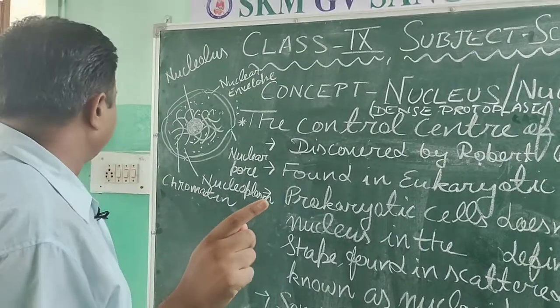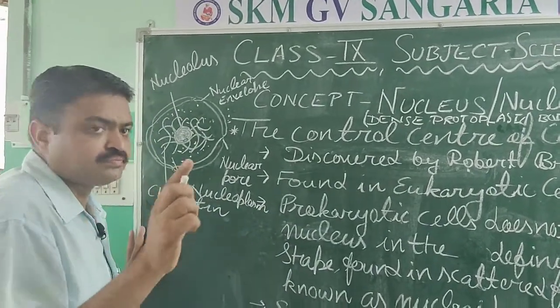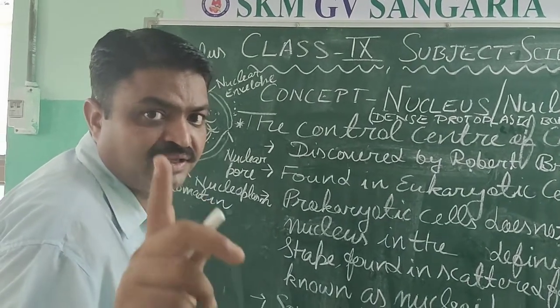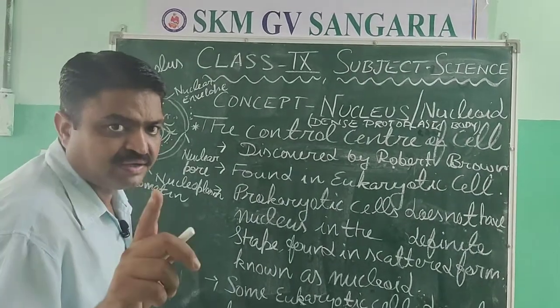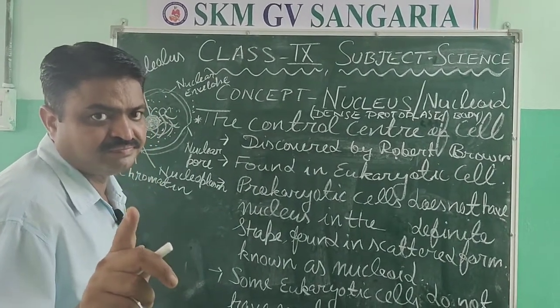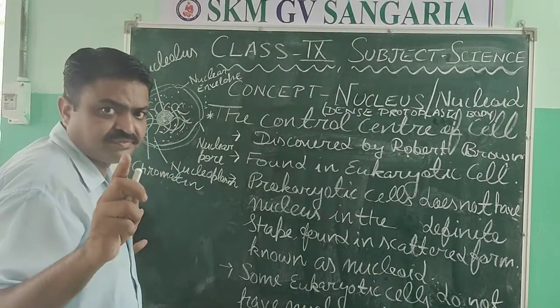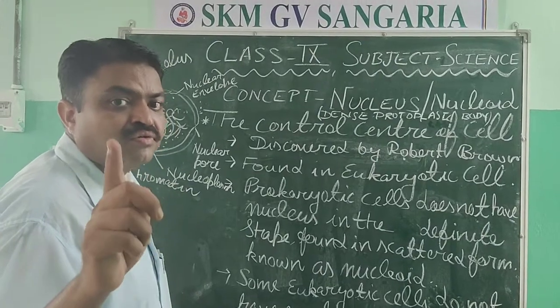And in the nucleus chromatin material is also found, and that chromatin material, found in the form of thread-like structures, is known as chromosome.